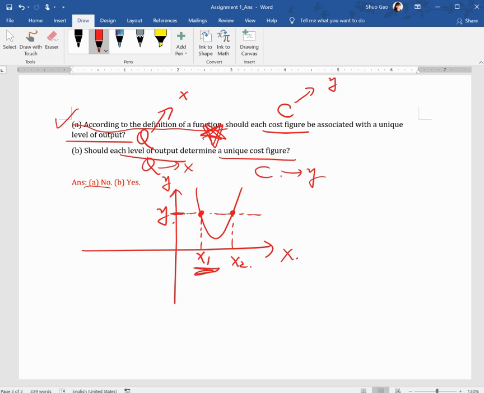And the answer is yes, because this is the definition of a function, right? Each independent variable should determine a unique dependent variable. So each x should determine a unique y, right? So A is no and B is yes.